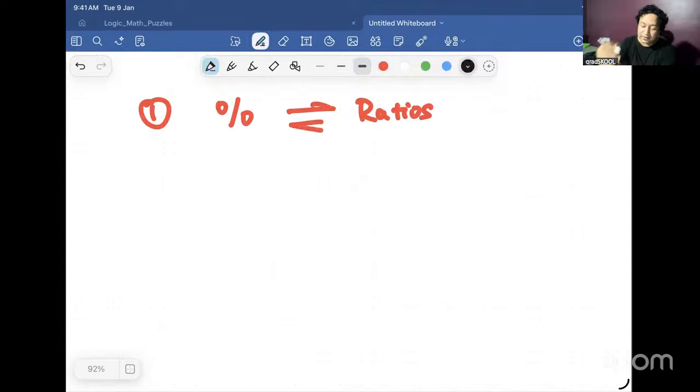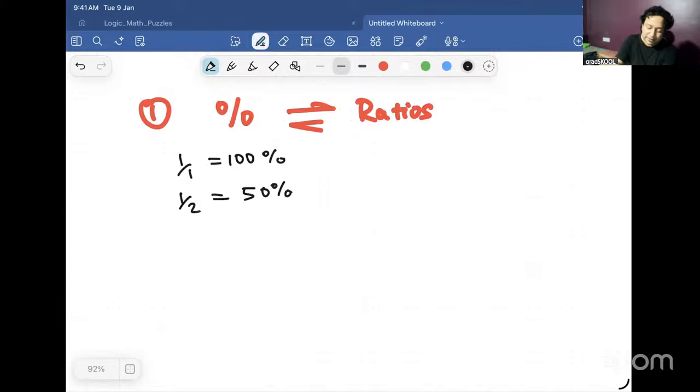There will be some specific ratios which we'll be learning here. First is 1 by 1. This is 100%. It's kind of obvious. 1 on 1 is 1 over everything. That is 100%. 1 by 2 is 50%. That is simple, right? All of us know that.